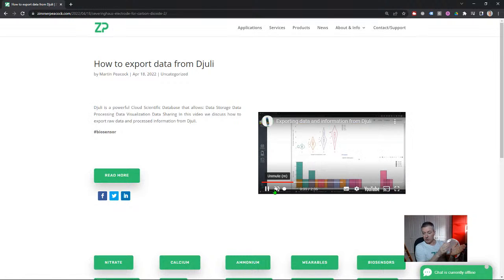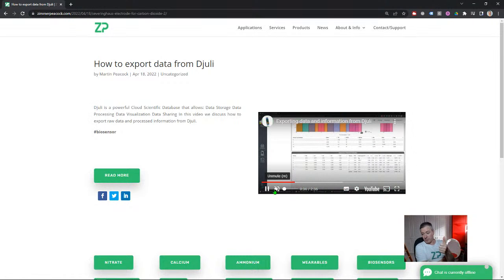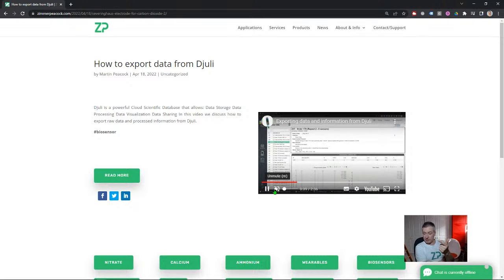You need the hardware, which is probably screen printed electrodes, parallel potentiostats, and parallel test jigs, and a way to make good connection to those screen printed electrodes. You need to be able to functionalize those electrodes, and then test them. When you've tested them, you need to know where your data is, and you need to be able to do what we would call batch analysis, processing lots of data at the same time.